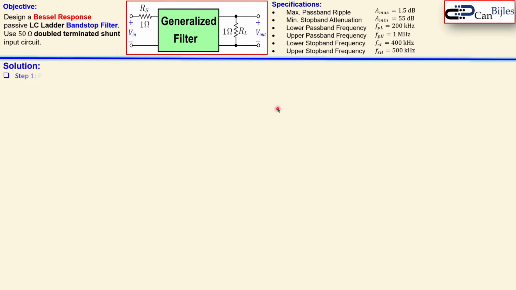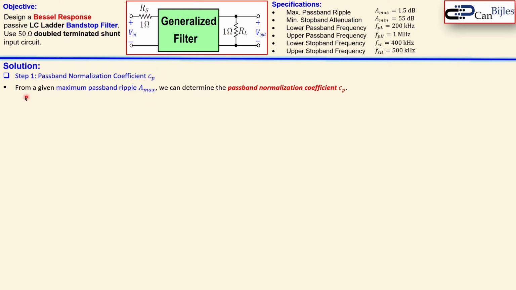The solution. The first step is our passband normalization coefficient, as we did also in the previous videos for our Bessel response. So you need to find this CP, the coefficient. For a given maximum passband ripple, in this case 1.5 dB, we can relate that to the passband normalization coefficient CP.